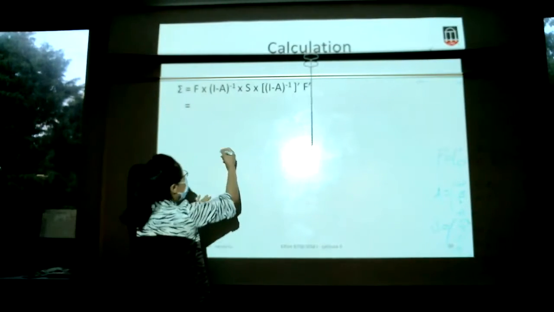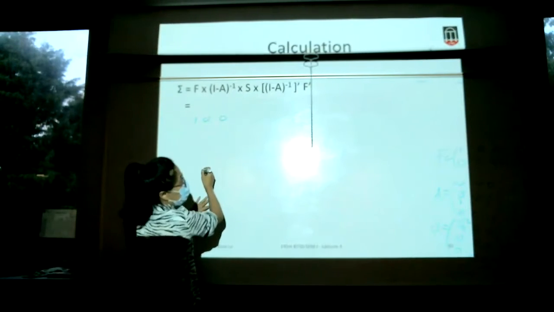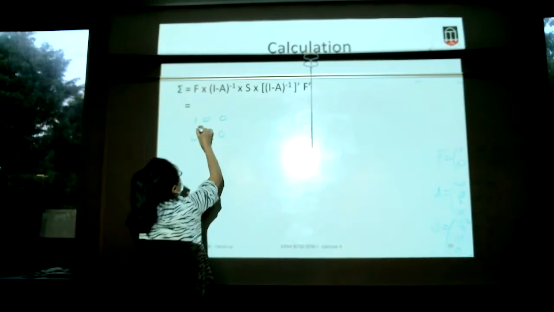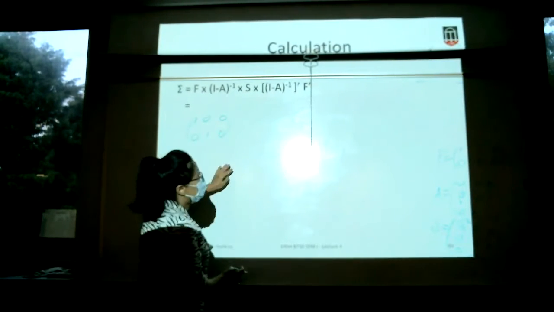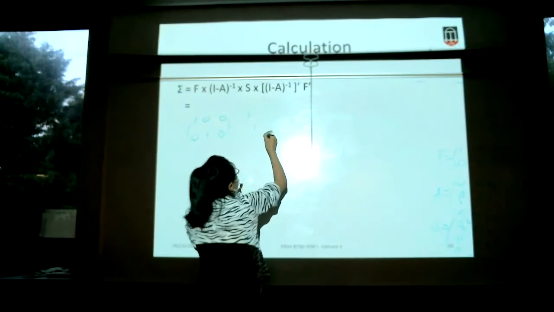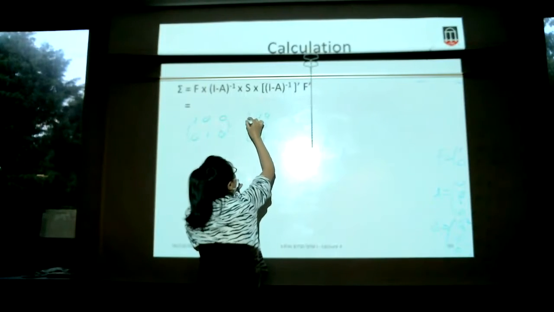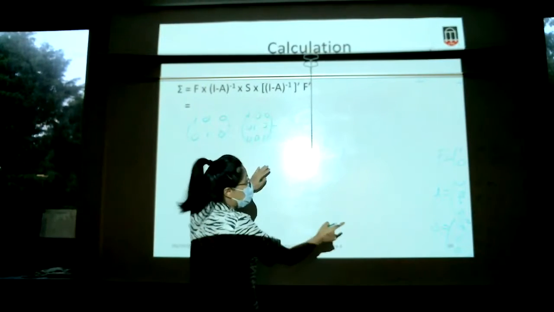F is 1, 0, 0, 0, 1, 0. Another matrix is the identity matrix, 3 by 3 dimension, minus A. What is A?